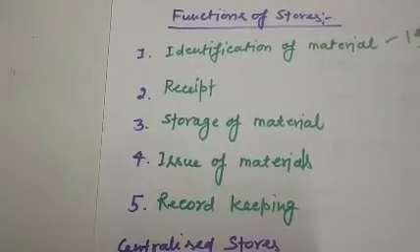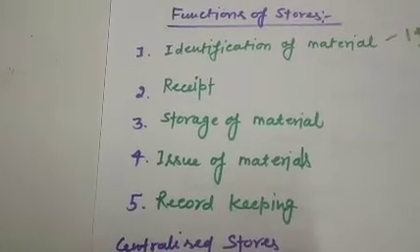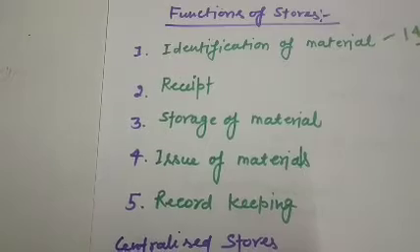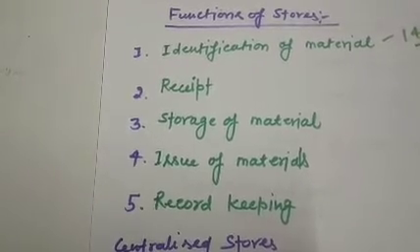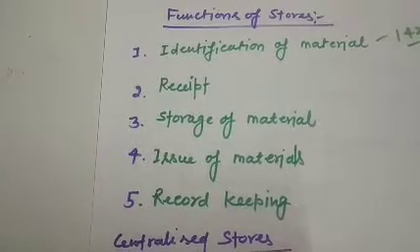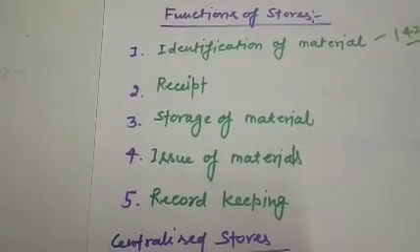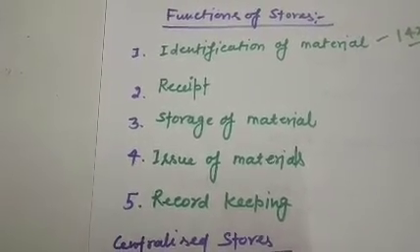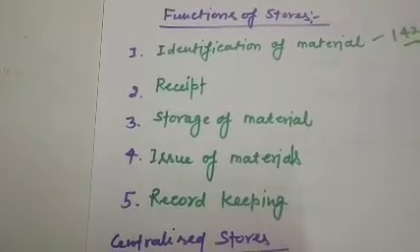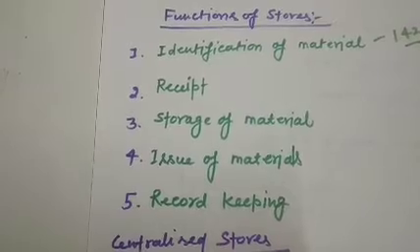This is the duty of storekeepers, which he must do, right? And this is done by goods inward seat, which is basically utilized by storekeepers to inspect and to verify the data for the materials, right?